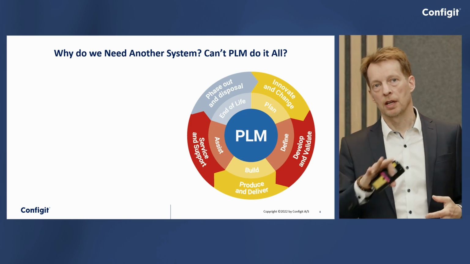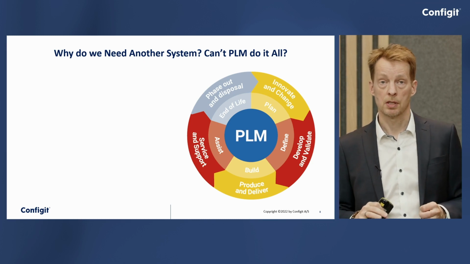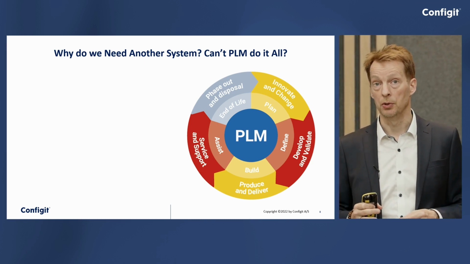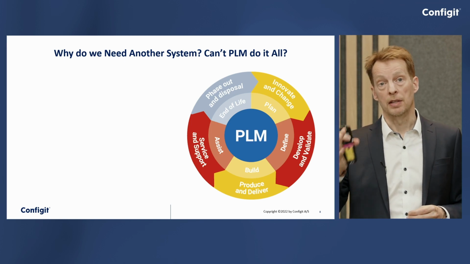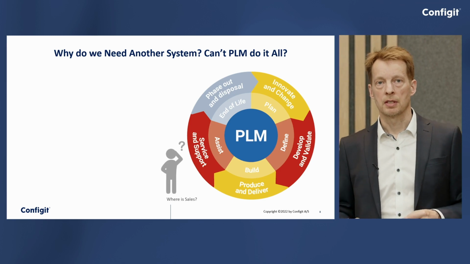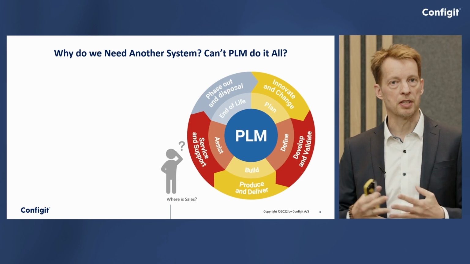I put on here a typical PLM circle. You will see that it resembles quite closely the CLM circle that we normally use. You have the design and the manufacturing and the service. What I always find interesting is that from a PLM perspective, they tend to forget the whole sales process.